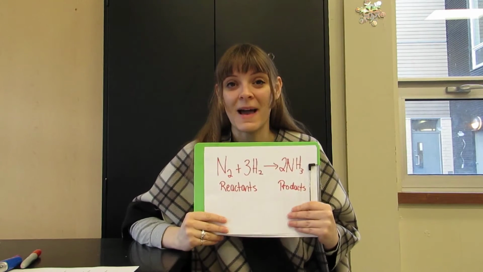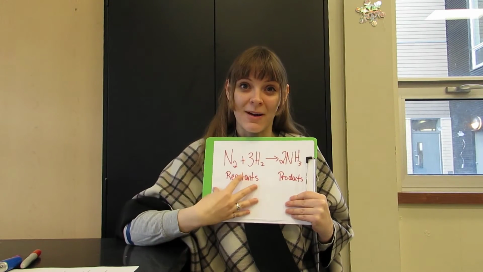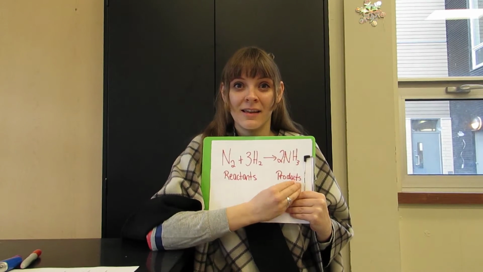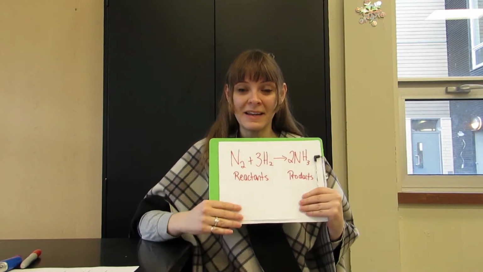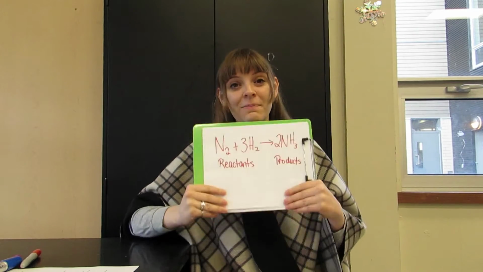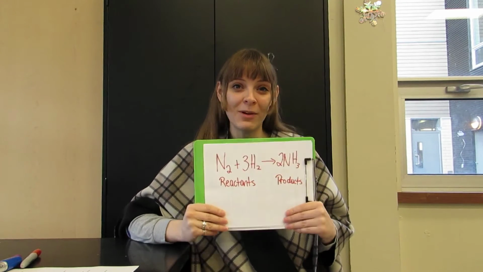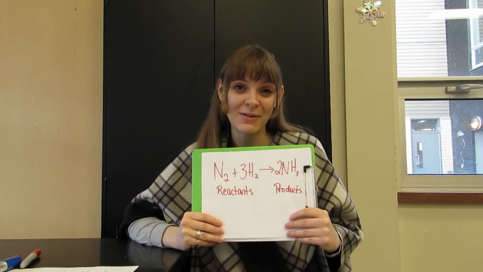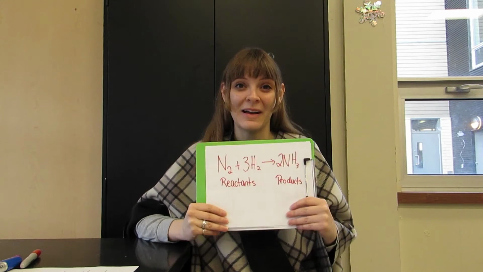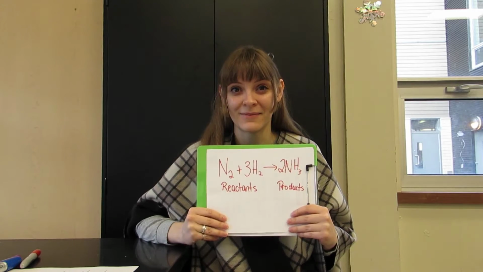When the equation is balanced, we have the same amount on this side, the reactant side, as we do on the product side. And we balance it by putting these numbers in front, like this 3 here. So balancing a chemical reaction is really important because when you balance a chemical reaction, that means that we are adhering to the law of conservation of mass.